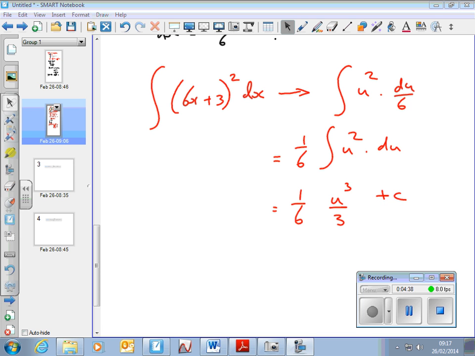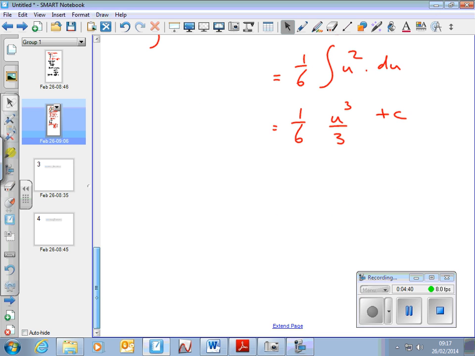So it equals 1 over 18 times u cubed, and u is 2x plus 3, wasn't it? No, 6x + 3. So (6x + 3) cubed.